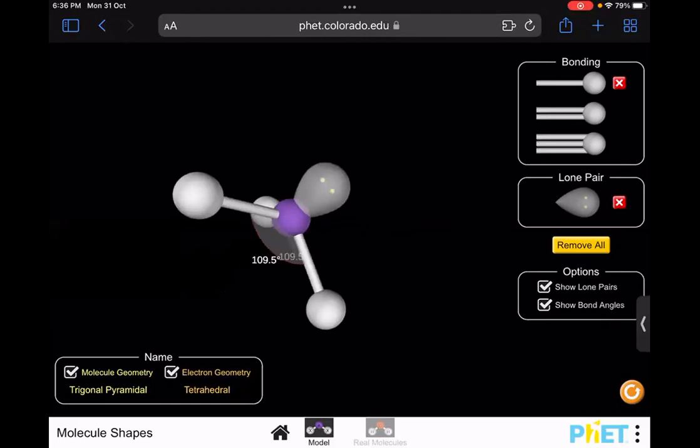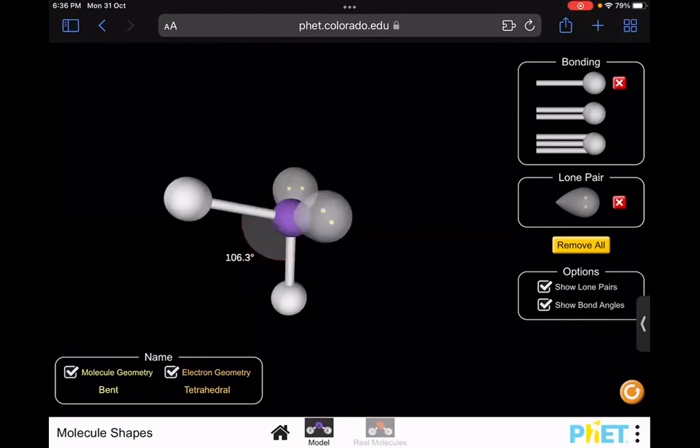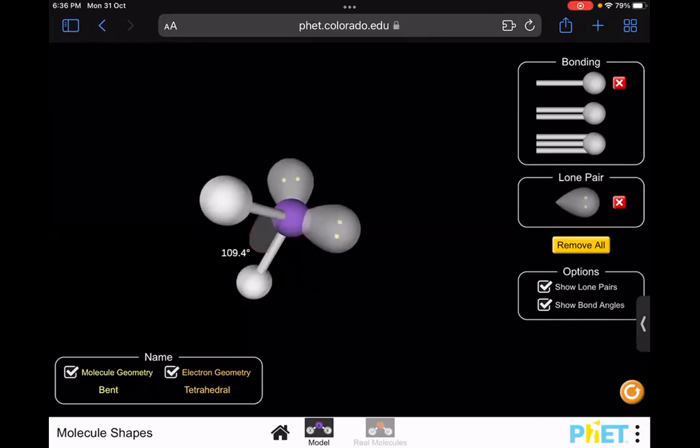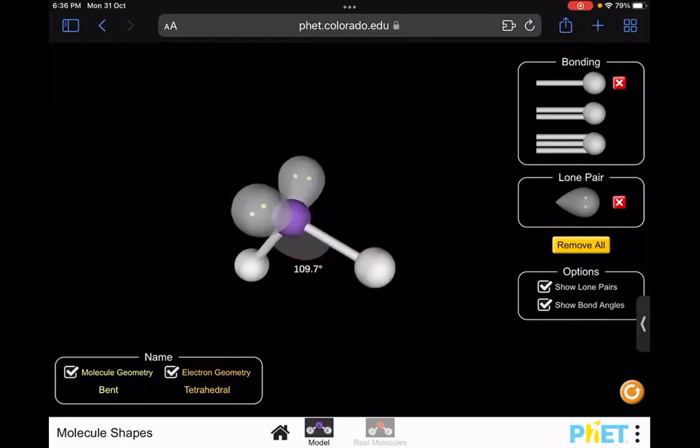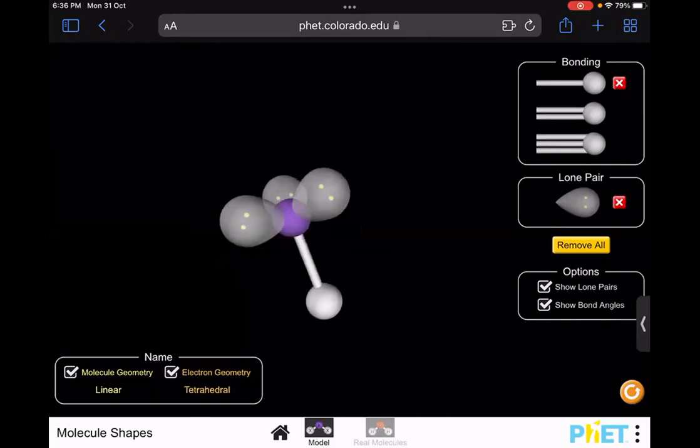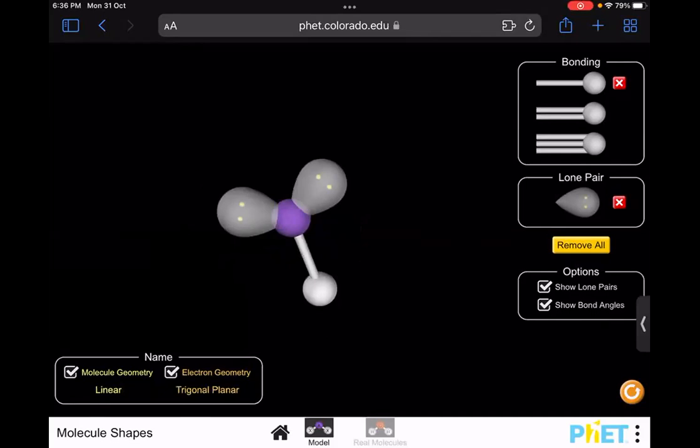At the bottom itself, you have the answer. When you are removing one thing, again you are adding one thing. So what is this? Bent or V shape or angular, anything you can say. Then removing one and adding one more, it's linear because 3 lone pairs we will not consider.